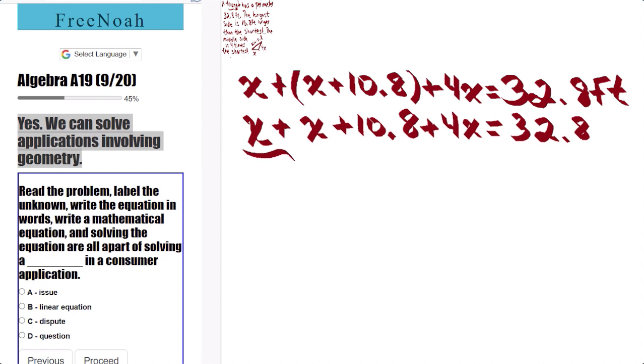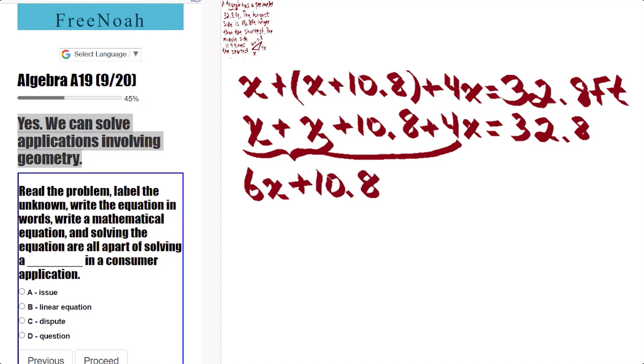Now x plus 4x, that'll give us 6x. Simply drop down the 10 and 8 tenths, leaving us with plus 10 and 8 tenths. And then on the right side of the equation, we have 32 and 8 tenths. The next step here is to subtract 10 and 8 tenths on both sides of the equal sign.